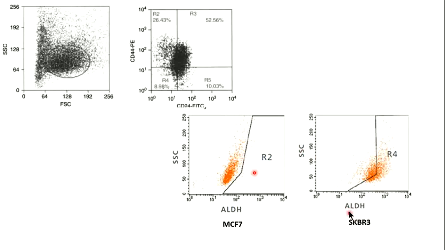So if I want to check the effect of a drug against the cancer stem cells, then obviously my choice of cell line will be what? SKBR3. My choice of the cell line will not be MCF7. So it is very important to know in cancer research which cells to target, and how to analyze the cancer stem cells. And nowadays there are approximately 1000 to 1200 labs in the world which are working in the field of cancer research and mainly targeting what?